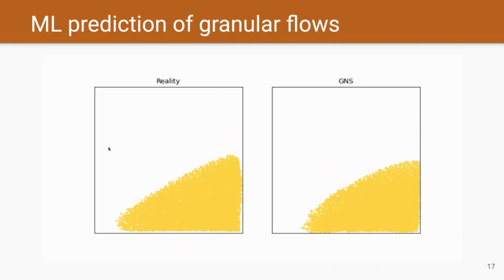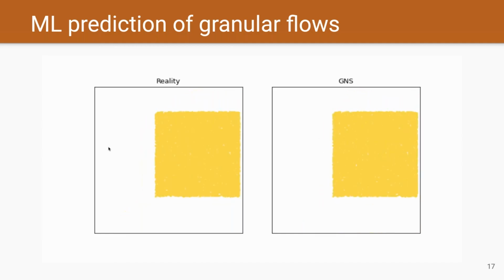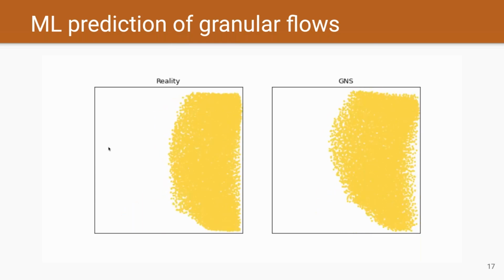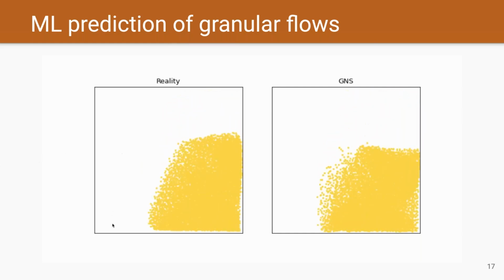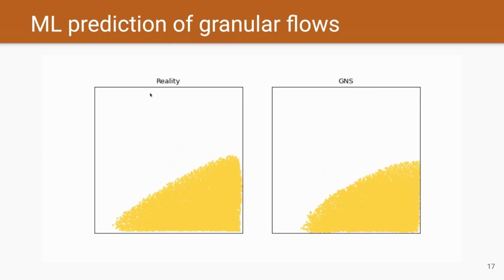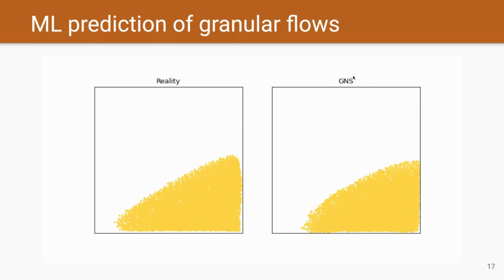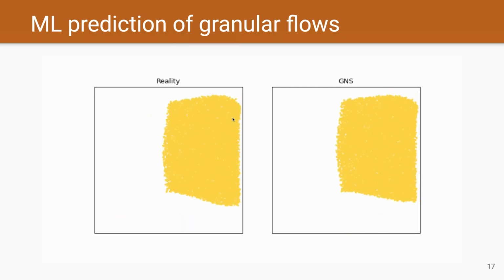And in order to do those type of predictions, we leverage something called a graph network simulator. The graph network simulator allows you to replicate the entire simulation. So here on the left, you see a typical material point method simulation, which is shown as reality. And the graph network simulator is our approximate surrogate model for our MPM model that runs closer to real time.